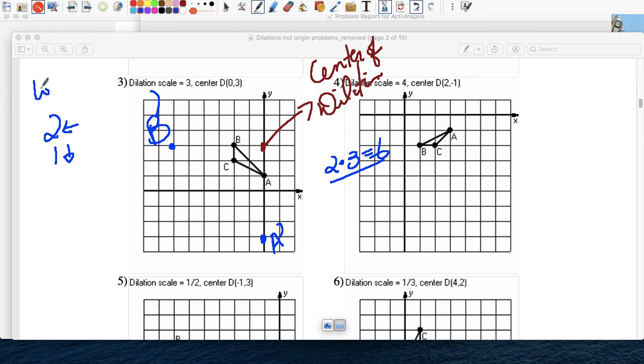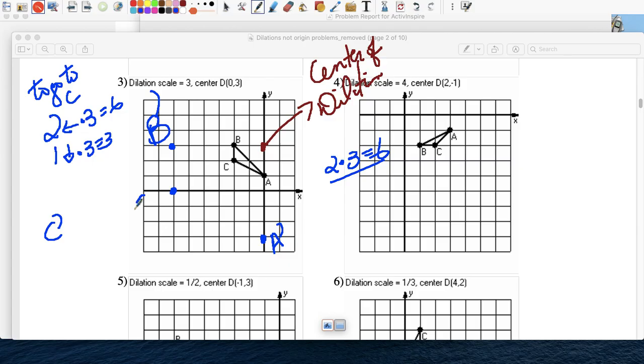To go to C. Now, to go to C prime, we're going to take these two numbers and multiply by 3. So we take this 2 and multiply by 3. It's going to give us 6. So we're going to go 1, 2, 3, 4, 5, 6, and then we're going to multiply this by 3. 1 times 3 is 3, so then we're going to go 3 down. 1, 2, 3.